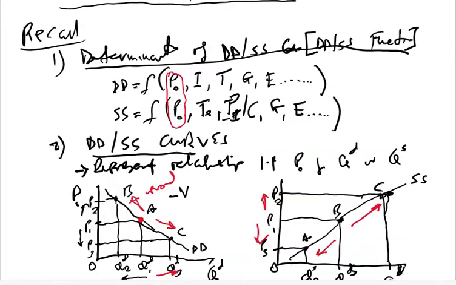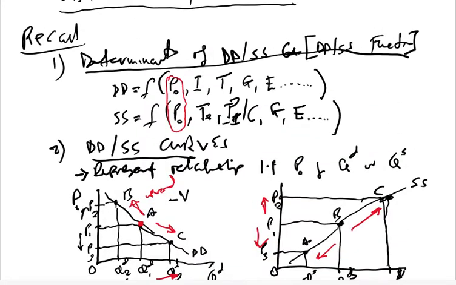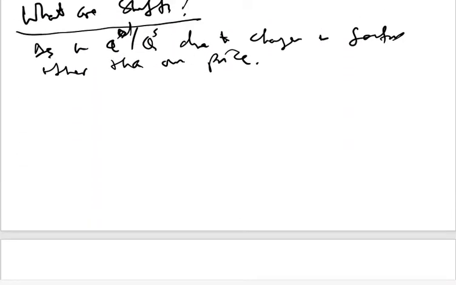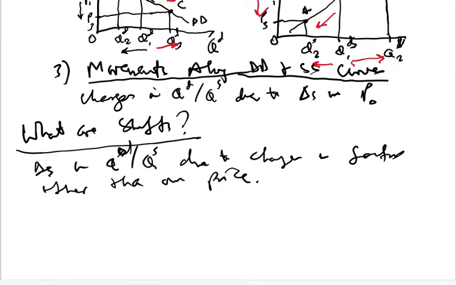Okay, so I showed you the determinants of demand and supply here, and we have only shown the relationship between these and this. So the rest of the factors will cause a shift. These are causing a movement, and these will cause a shift. So we'll look at a few examples to elaborate what we're trying to say.